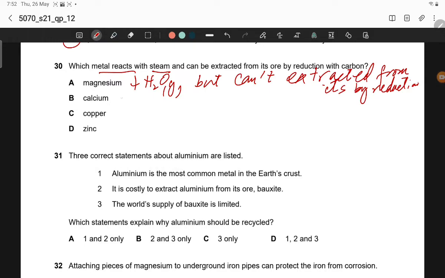Calcium also does not react with cold water, and not this. It is not extracted from its ore by reduction with carbon but by using electrolysis. It is also extracted by electrolysis.